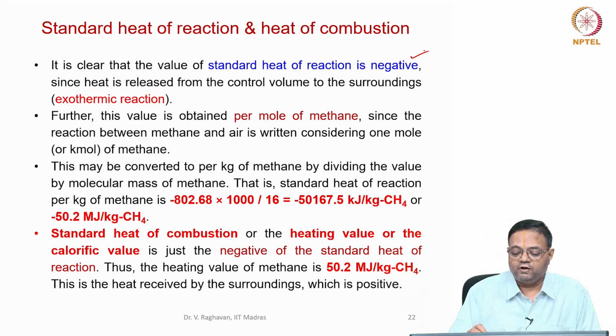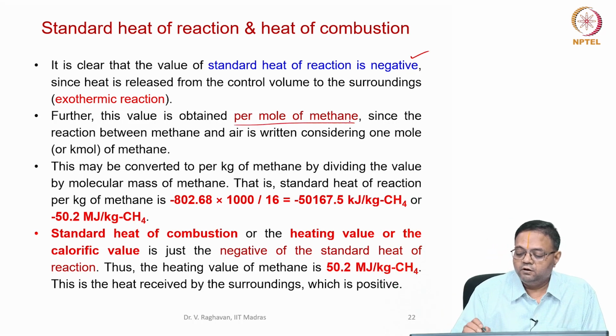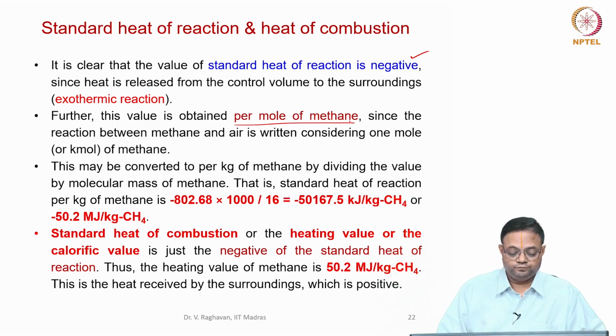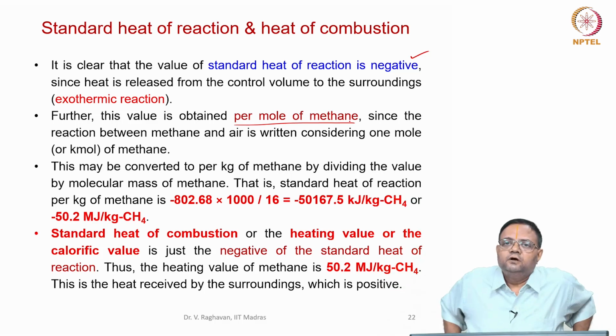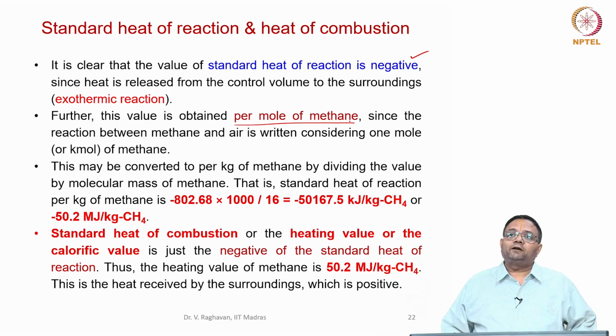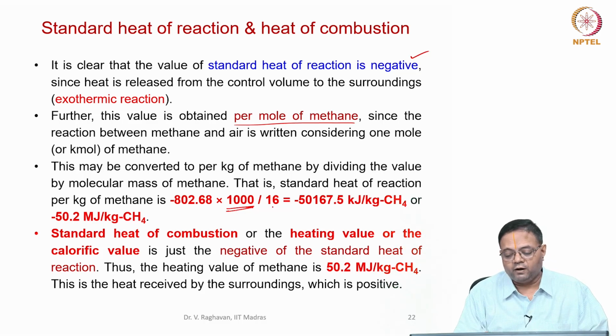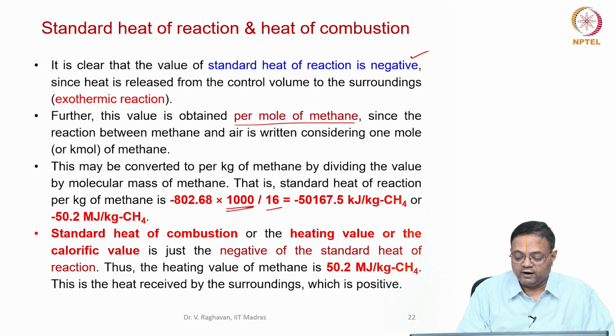And one more thing we have written is per kilomole of methane or per mole of methane, because the reaction is written in that manner. I can first convert this to per kg of methane, correct? So, first of all, mole to kilomole I convert, that is minus 802.68 into 1000 kilojoule per kilomole divided by the molecular weight.